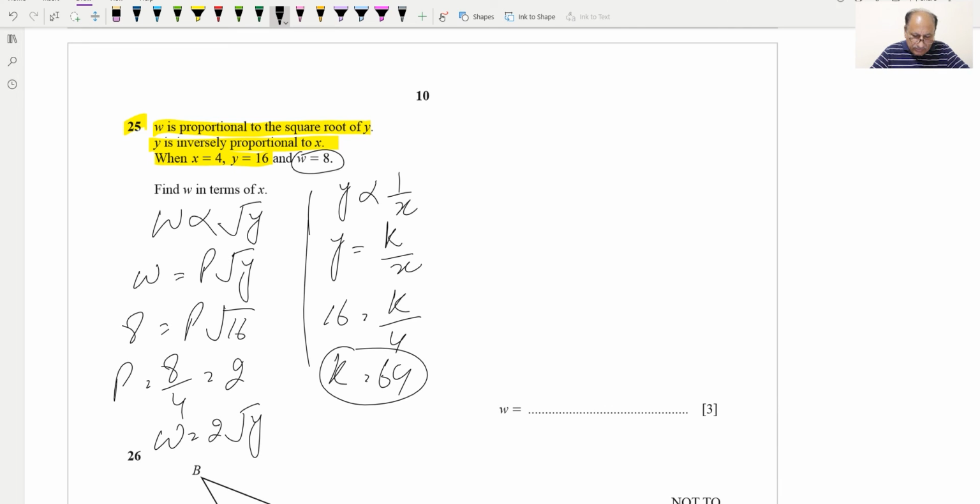Now y is equal to what? y is equal to 64 over x. If we replace this value in this one, we get y is equal to 64 over x.